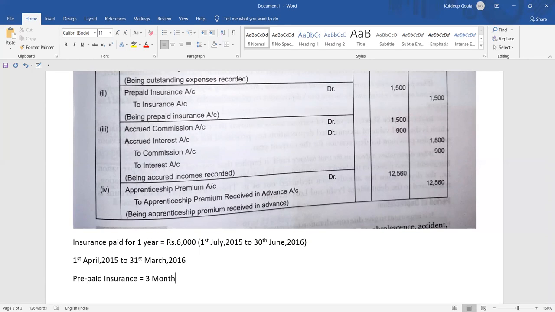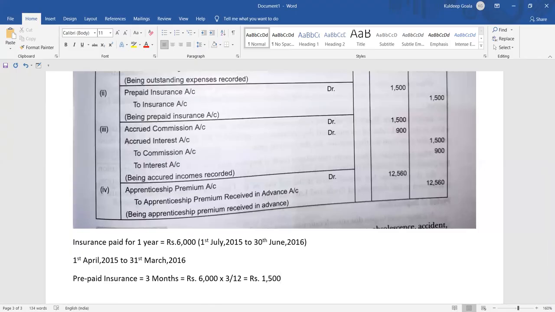Rs 6,000 is for the whole year, isn't it? So just divide it by 12, or you can say like this, for 3 months it will be 3 divided by 12. So how much does it come to for 3 months? It will be 1,500 rupees.